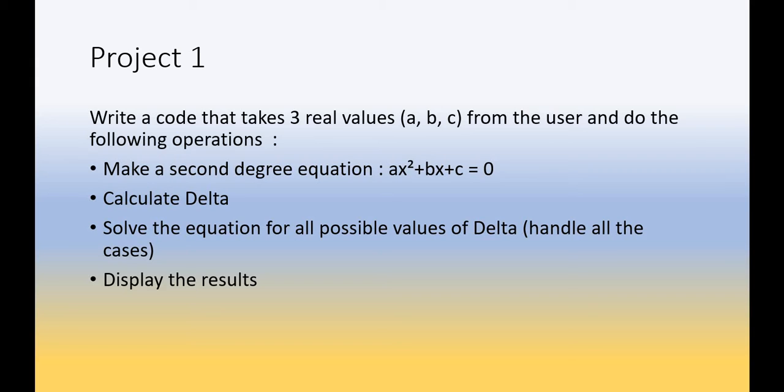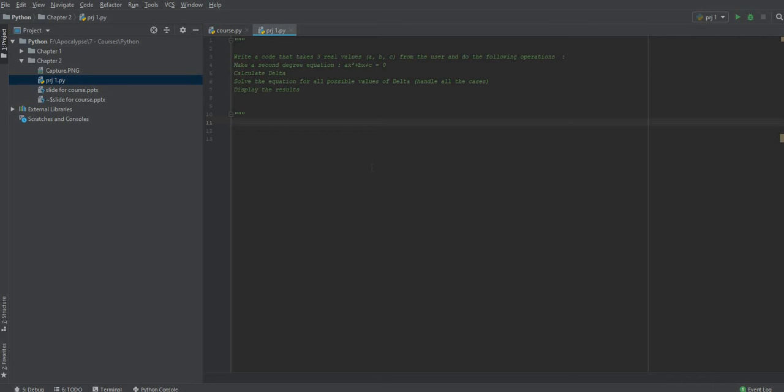For all the possible values of delta, we have to display those results. All possible values of delta means the positive value, the negative value, and the null value.